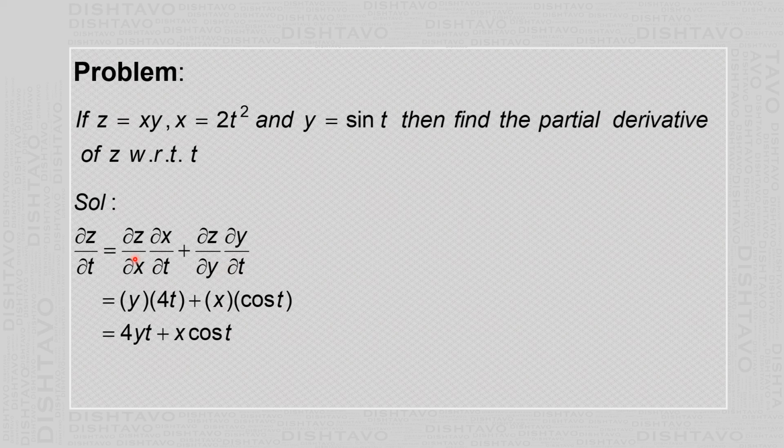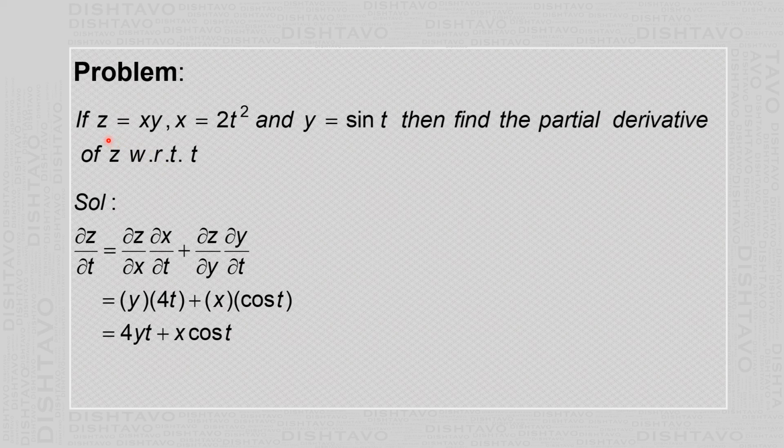So first ∂z/∂x, and z here is xy. So derivative partially with respect to x: the derivative of x with respect to x is 1, and here y is constant. Now ∂x/∂t. When you differentiate x with respect to t, what you get is 4t, plus ∂z/∂y.